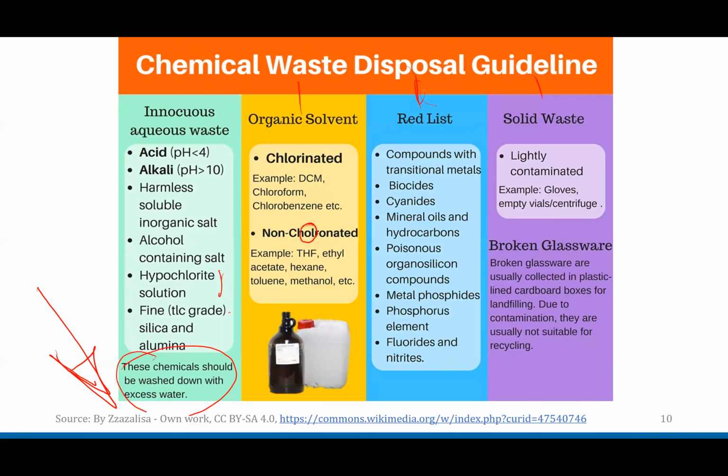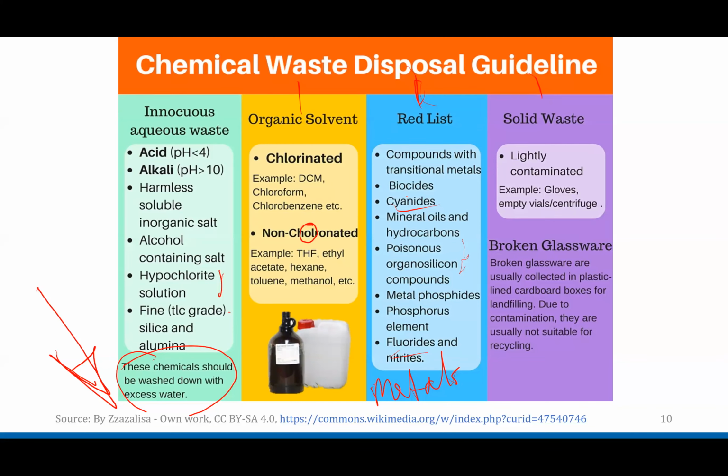There's the red list here. These are compounds with transition metals. You can see mostly metals here. Fluorides and nitrates are in there, cyanides. There are different types of metals in this list. And then in the last list, solid waste. This could be lightly contaminated waste like lab or hospital gloves, empty vials, syringes, broken glassware, things like that.